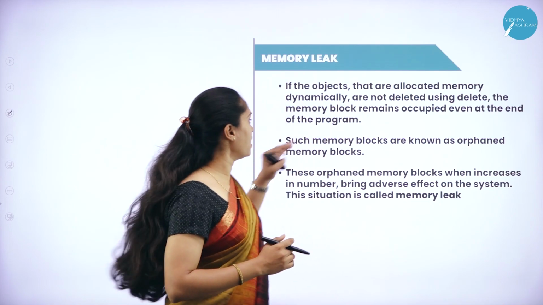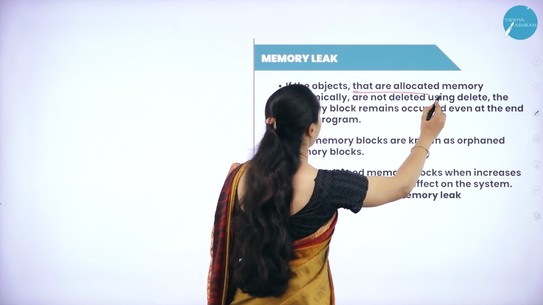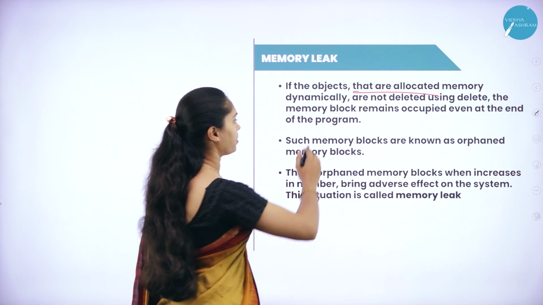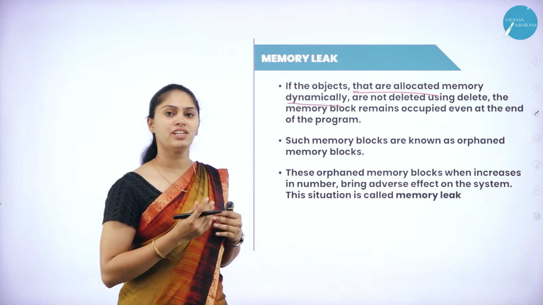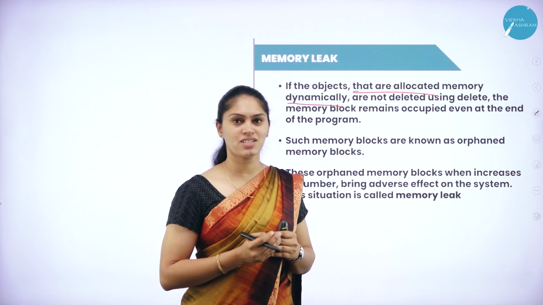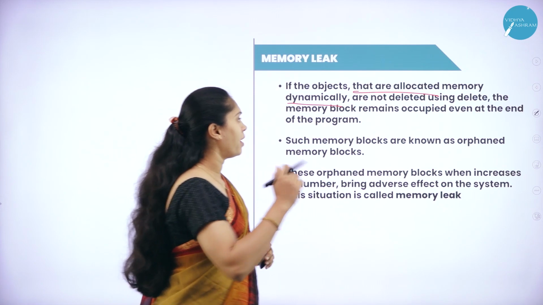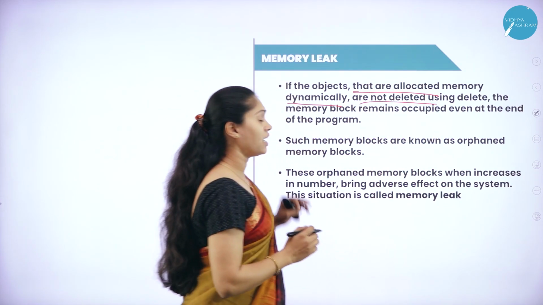If you see here, when creating an object, if the object is allocated memory dynamically, that means at the time of running I allocate some memory space for the object, but it is not deleted using the delete keyword.